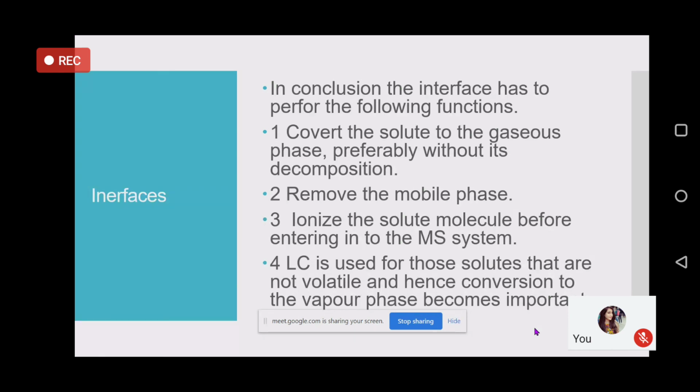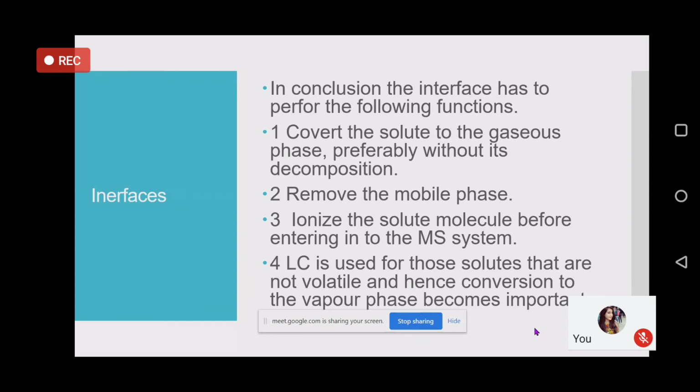Basically, when you take up a solute, you apply LC when the solute is non-volatile. It cannot be converted to the gaseous phase. So you go for the LC method of separation, where the two phases are liquid phases acting as solvents, and distribution of the solute occurs between the two phases. One is the mobile phase, another one is the stationary phase. Correct. But when is LC-MS used?